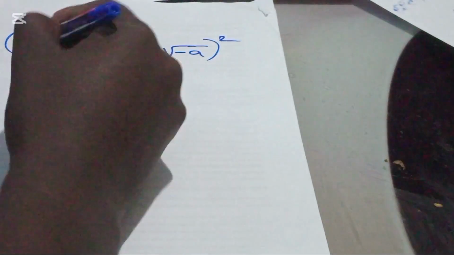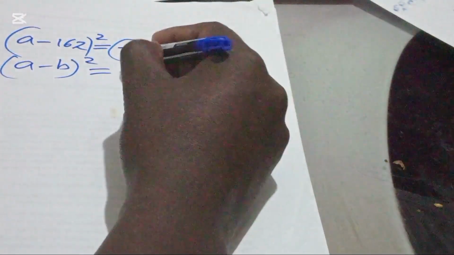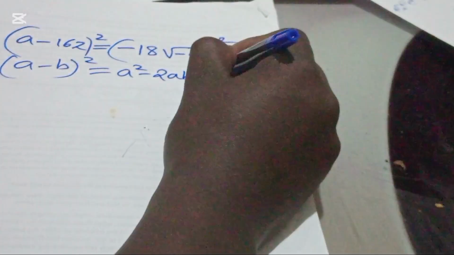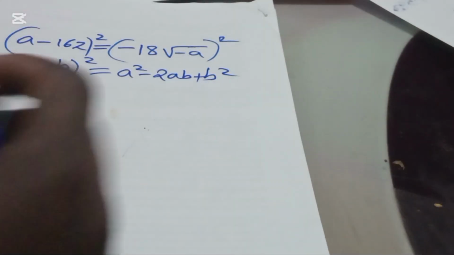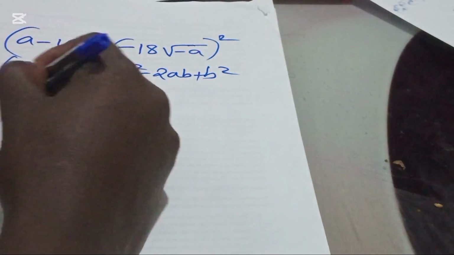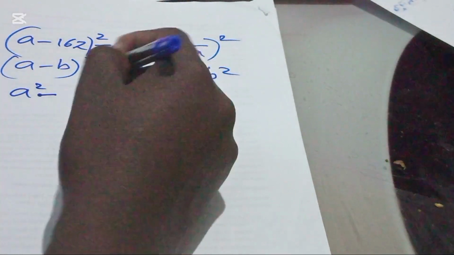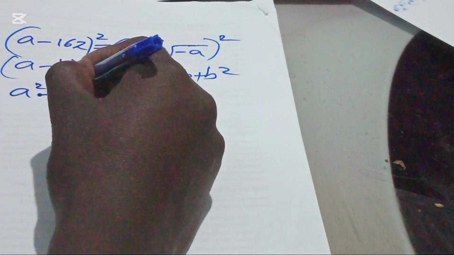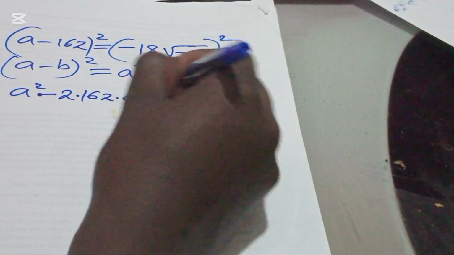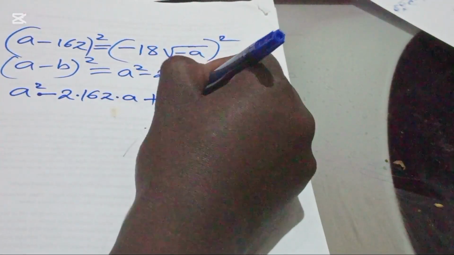This is in the form of a minus b raised to power 2, which is a squared minus 2ab plus b squared. Applying this algebraic identity, we have a squared subtract 2 multiplied by 162 multiplied by a, plus 162 squared.